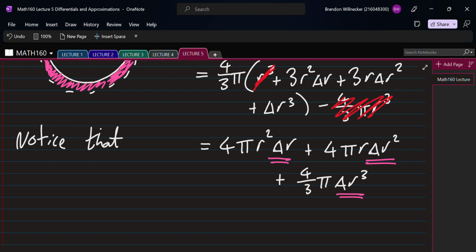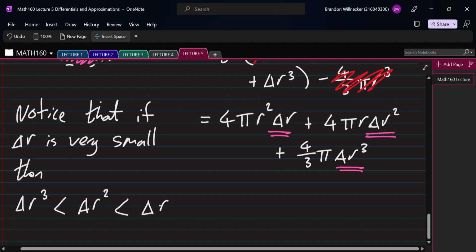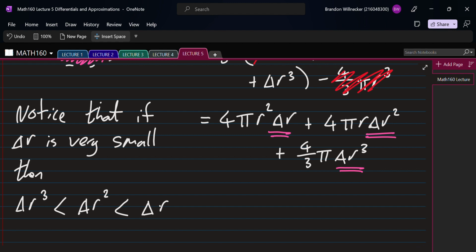Now notice that if delta r is very small, then delta r cubed will be smaller than delta r squared, which is smaller than delta r. Just think about an example. Let's say delta r is 1 over 10, then delta r squared is 1 over 100, that's even smaller, and delta r cubed is 1 over 1,000, that's even smaller than that.